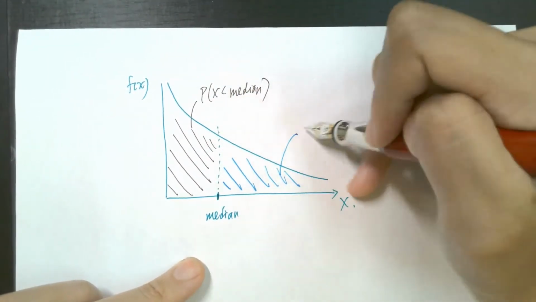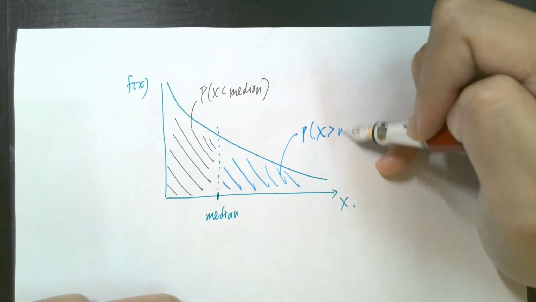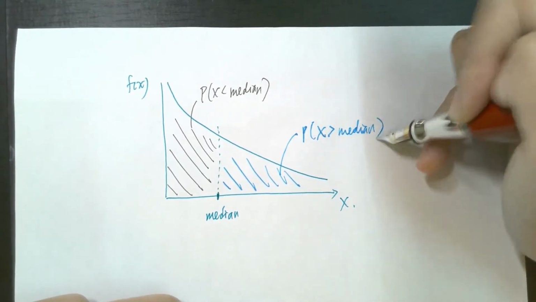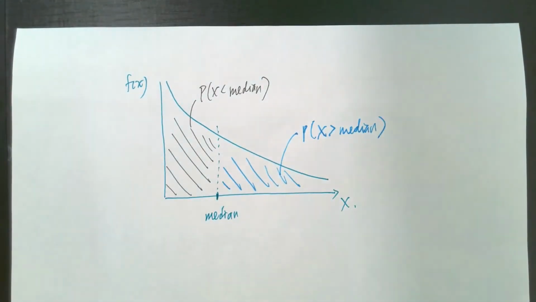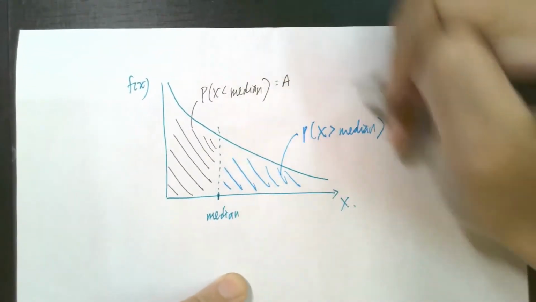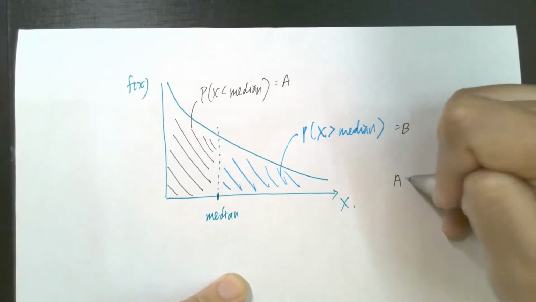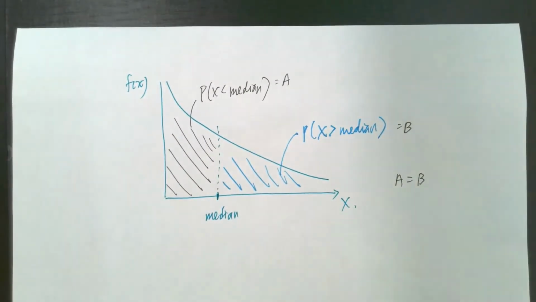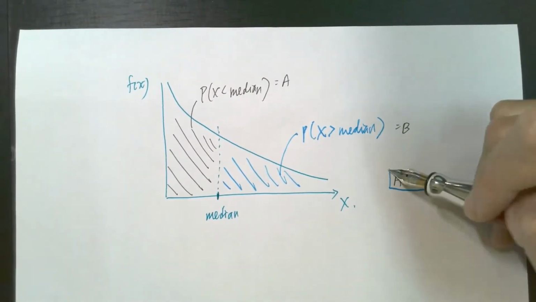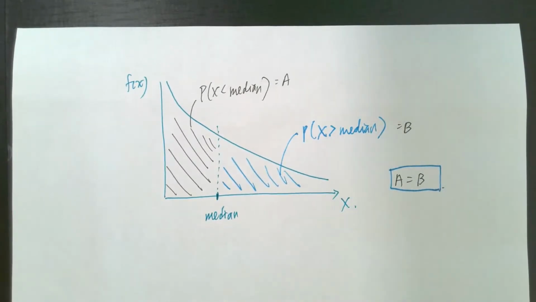This is the probability x bigger than the median, right? Let's say this is A, and this is B. It would mean A equals B, if it's a median, right? If it's actually the median, then A will be equal to B, which is to say that you have half of the chance to be smaller than the median, half of the chance to be bigger than the median. Okay, so that's the idea of the median.